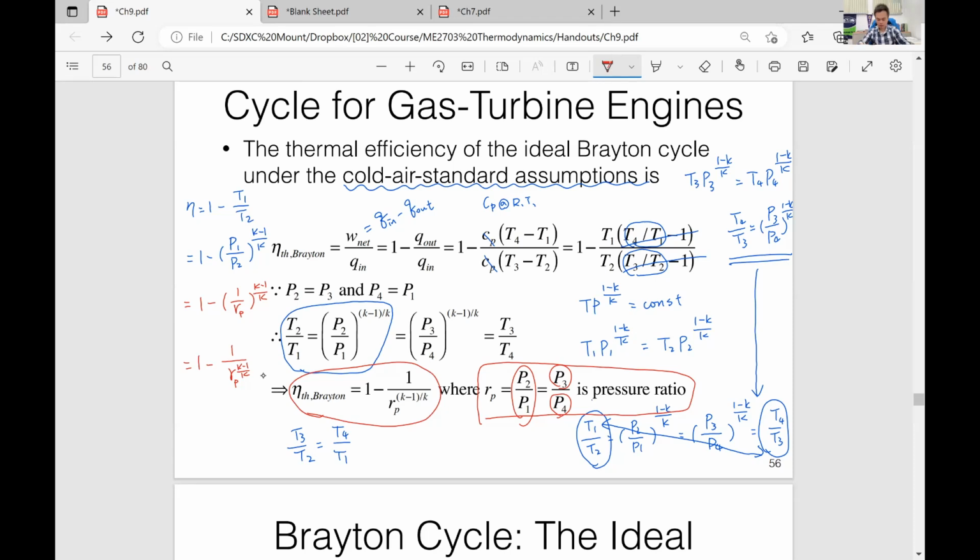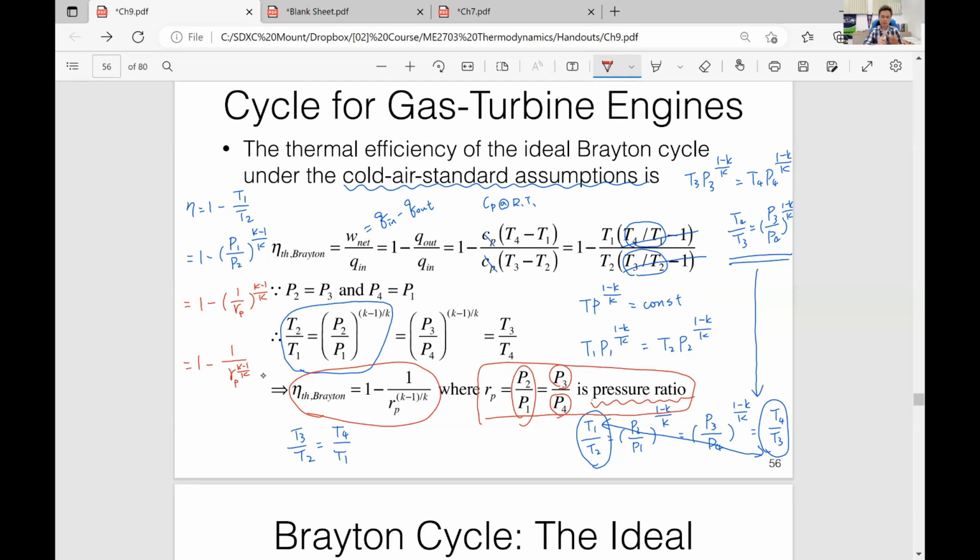Another new ratio you need to know is the pressure ratio. In the Otto cycle and diesel cycle, we have the compression ratio. We didn't use the compression ratio in Brayton cycles, but we do use it in the Otto cycle and diesel cycle. And for the diesel cycle, we have one more ratio called the cutoff ratio.